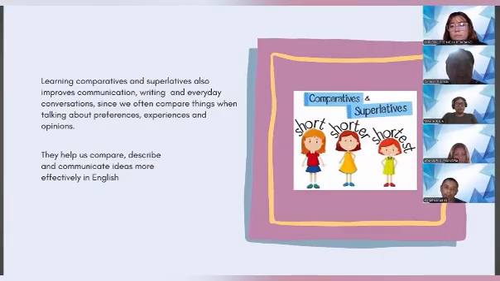Now here, in this lesson, students will learn how to use comparatives and superlatives in English to compare people, places, and things. We will understand how to form comparative adjectives. They will also learn the rules for short and long adjectives, how to use them in comparisons, and how to identify the highest or lowest degree in a group using superlatives.